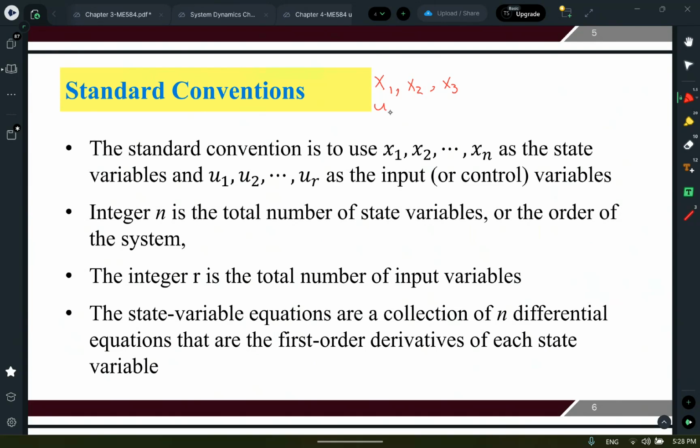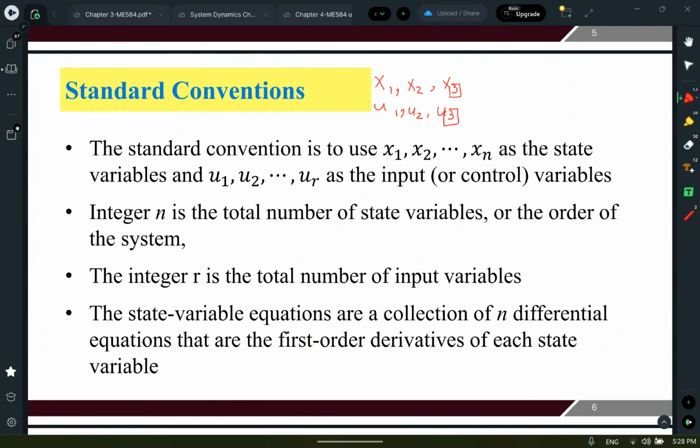Similarly, for the controls, if you have one control, it's U. If you have two controls, they're going to be U1 and U2. If you have three controls, they're going to be U1, U2, U3. You see that? The sub-indices are added when you have multiple states and multiple controls or inputs.